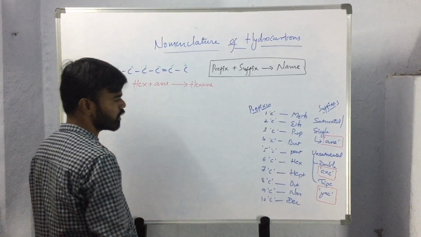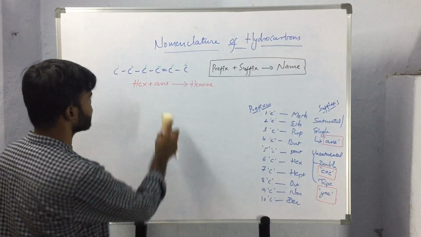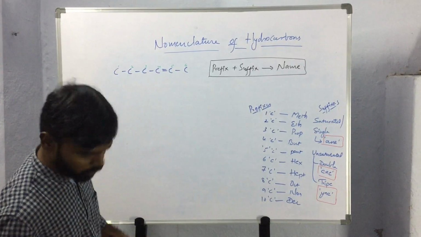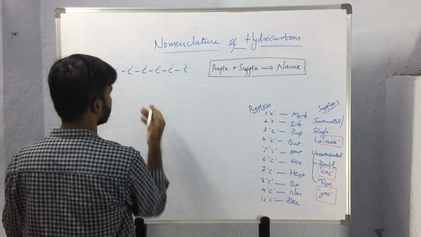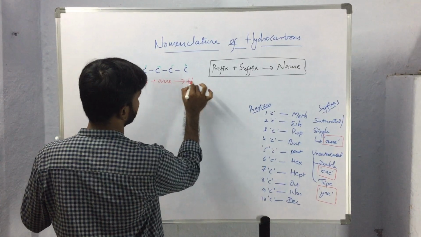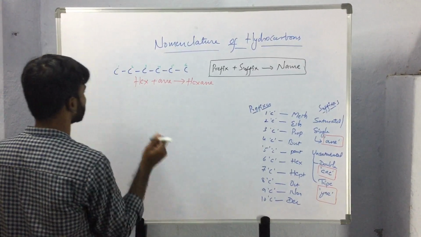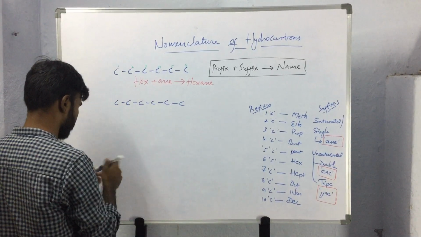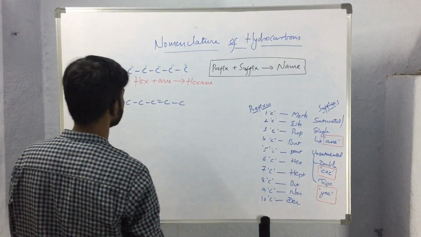Here we have a double bond, so for a double bond we will be using the suffix "ene".